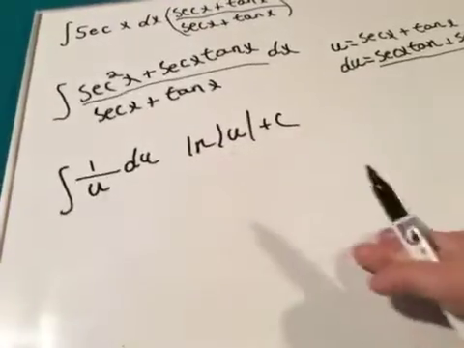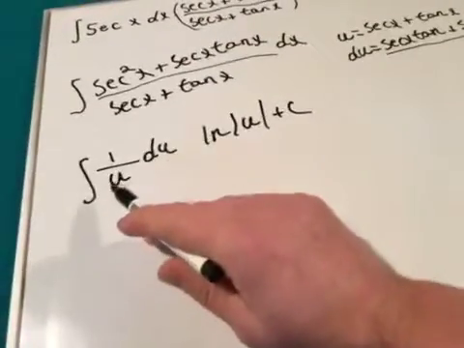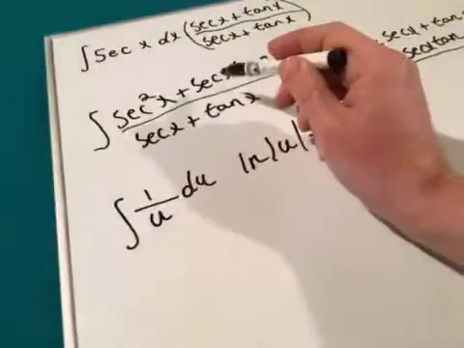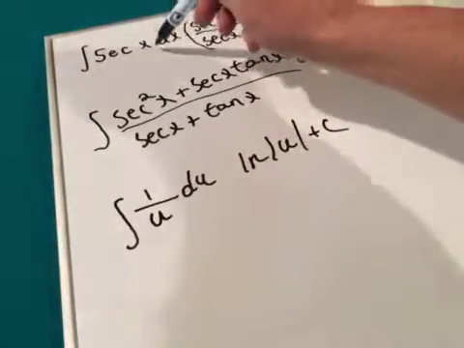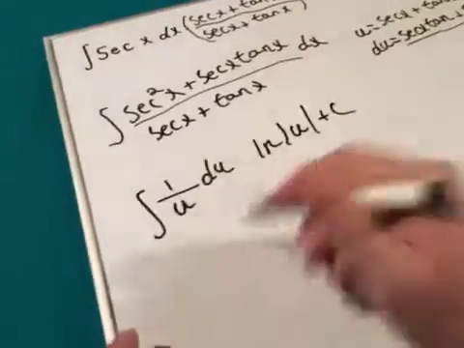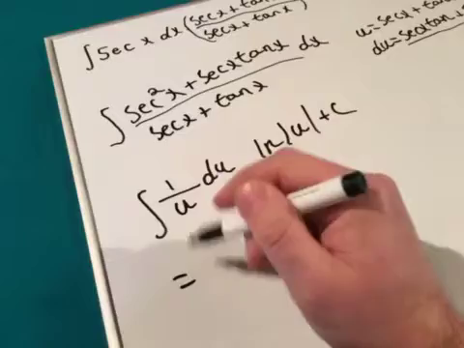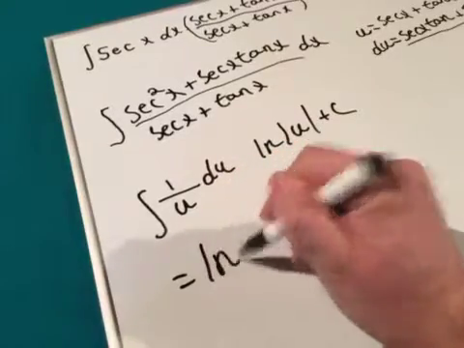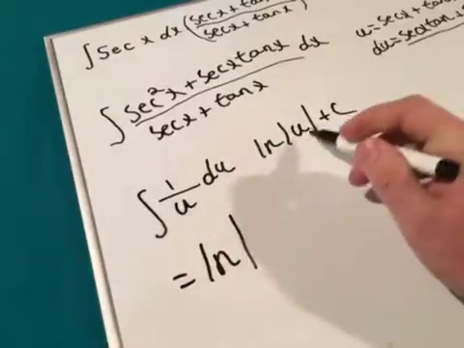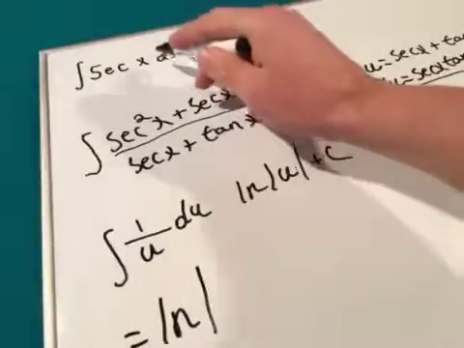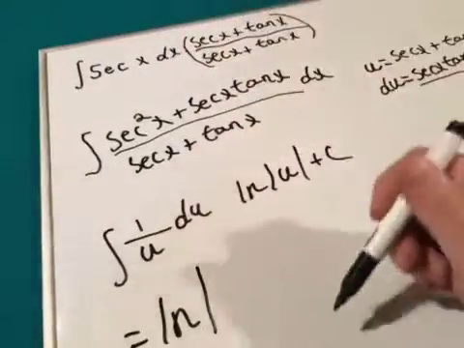So we just found this integral, which is the integral we started with. Well, okay. So this equals what? It equals the natural log of the absolute value of u. But what is u? We started with x, so we better finish in x.